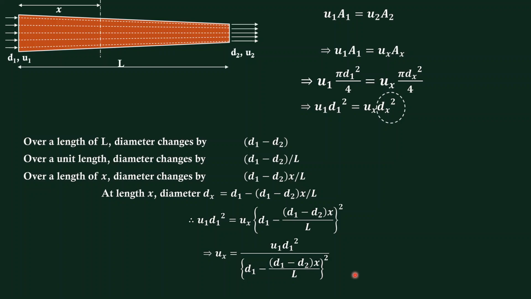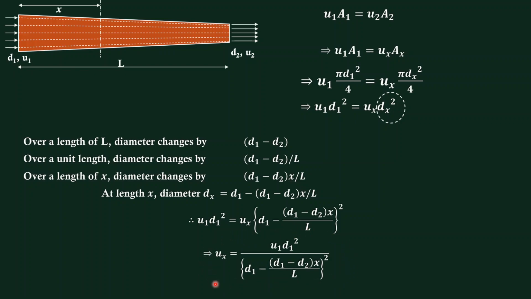Now here I would like to introduce you to something called a boundary condition. You see, all these quantities, I have told you that these are known quantities, but in reality they have to be known. And if d1, d2 and u1 are known, that is the diameter at this point and the velocity at this point, then we can find out this ux at any point.